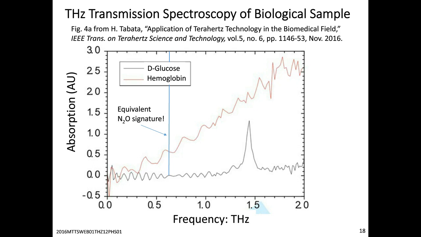You can see the scale at the bottom here goes over a 2 terahertz frequency range, and yes, there are specific signatures that you can see for both hemoglobin and glucose, but those signatures are extremely broad compared to the equivalent gas signature from nitrous oxide, and also the signal to noise is very, very reduced compared to the gas signature that we can get. In fact, I've drawn the line much, much thicker than it actually should be.